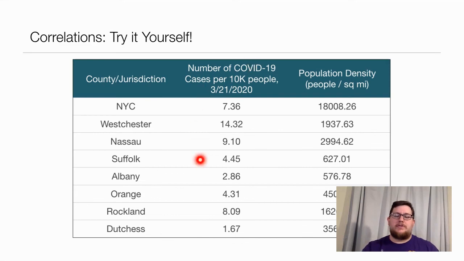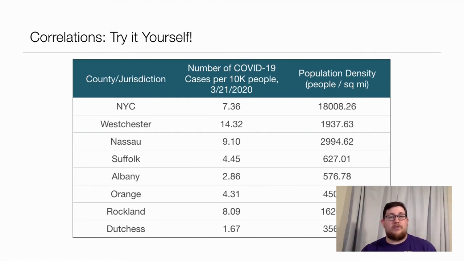I took the top 8 jurisdictions, and I calculated the total number of cases divided by the population divided by 10,000. So we see here Westchester is really sitting up there. They have fewer cases overall than the city. The city has over 6,000 cases as of yesterday, and Westchester has about 3,000.